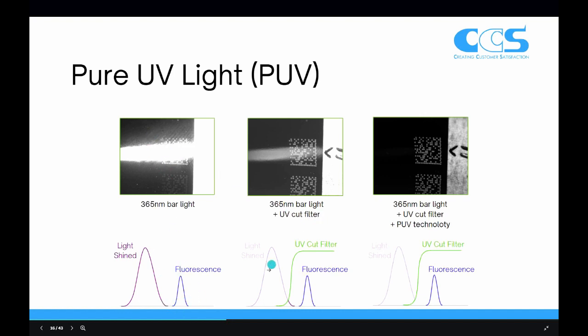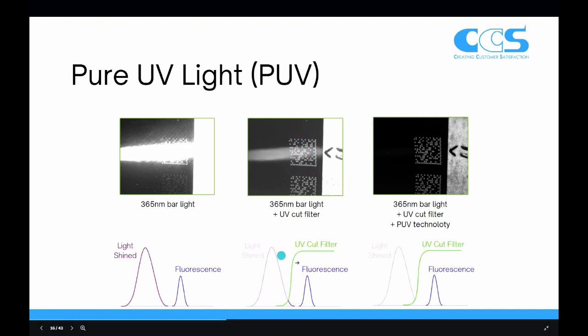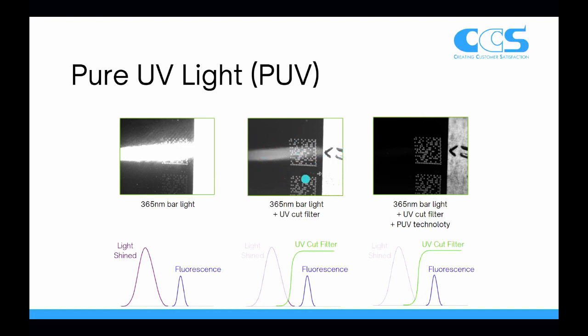When we add a UV cut filter, we're blocking out that light shined, but we're still getting some reflection. In most applications that aren't as reflective, this doesn't really happen. That UV cut filter fully cuts out all of that 365 nanometers. But sometimes it doesn't, with really reflective material. Can we still read this barcode? Probably, but having a more repeatable image is always going to be the goal.